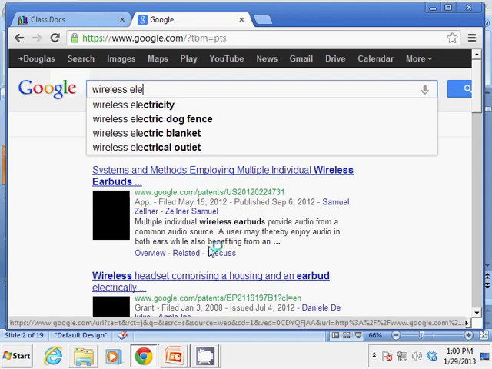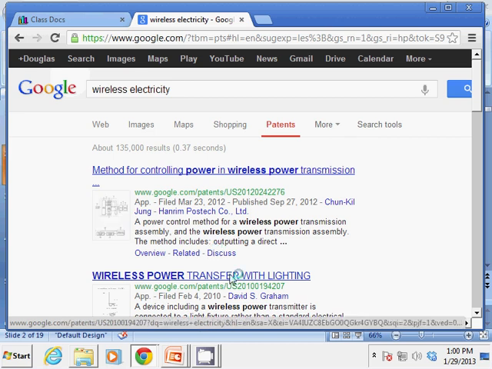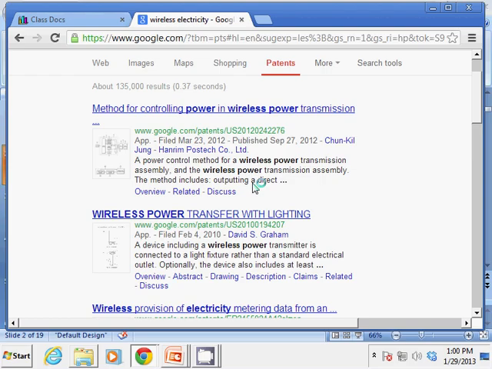Wireless electricity. Wow. Only 135,000 hits. Maybe someone else has done this already. Wireless power transfer with lightning. Well, I just sat around and had this idea myself. They've got a patent on it. And it's enforced because it's from 2010.